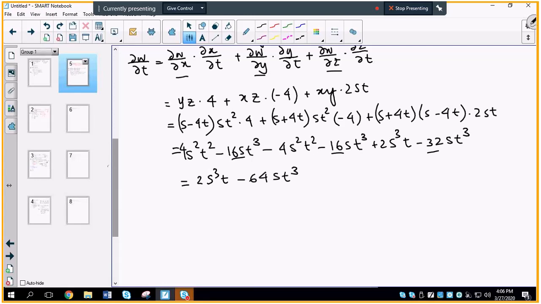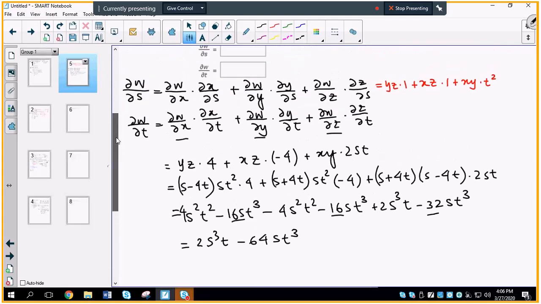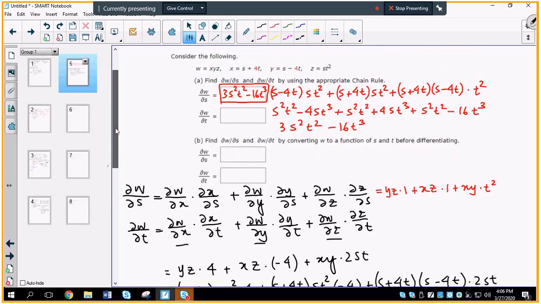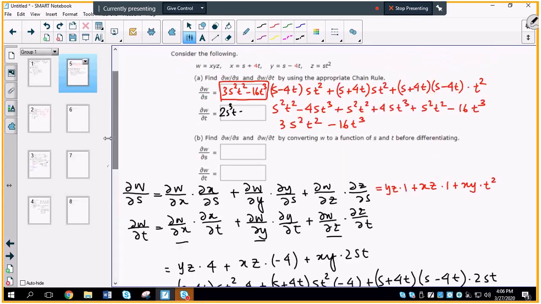And I'm very suspicious that I have made a calculation mistake, but again, I'm not willing to stop. I'm going to write this answer down and then do the other way of finding these partial derivatives and check whether I have done it right or not. So 2 S cubed T minus 64 S T cubed. That is possibly the answer for del W del T.